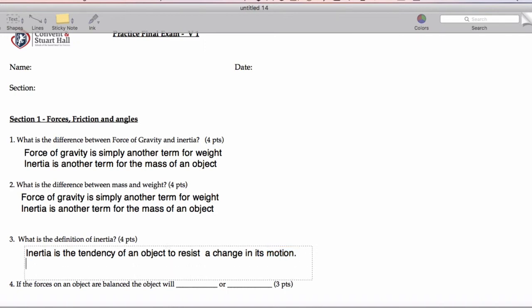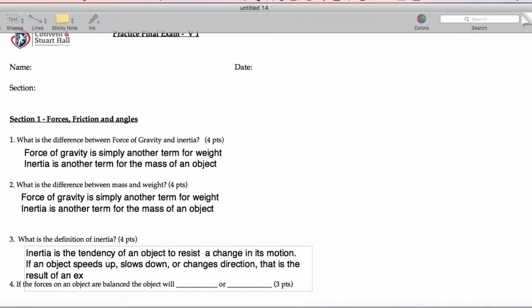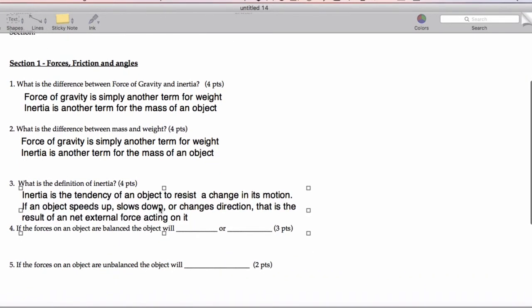So we're going to add the second part, which is this. If an object speeds up, slows down, or changes direction, that is the result of a net external force acting on it. And that's really the idea.